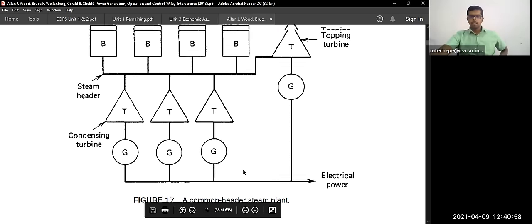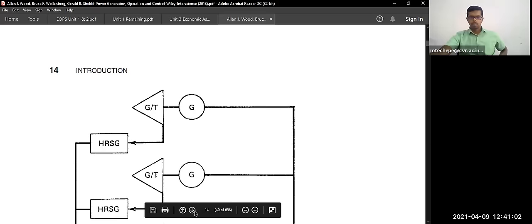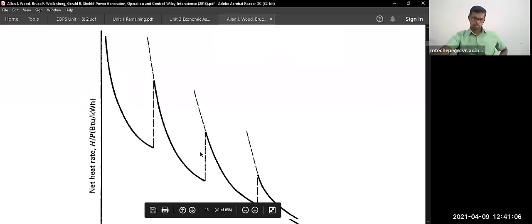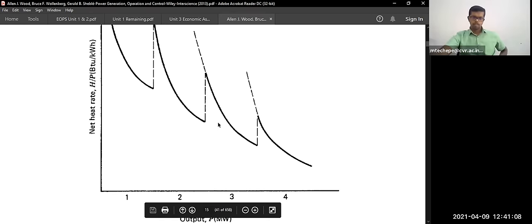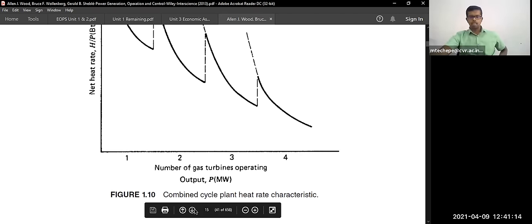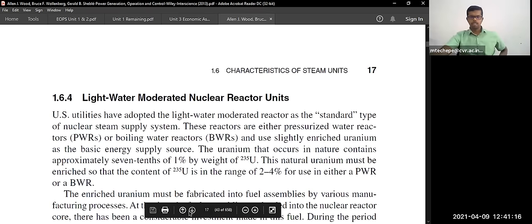Common figure, steam power plant unit. There are also gas turbine operating units, same as steam turbine units.